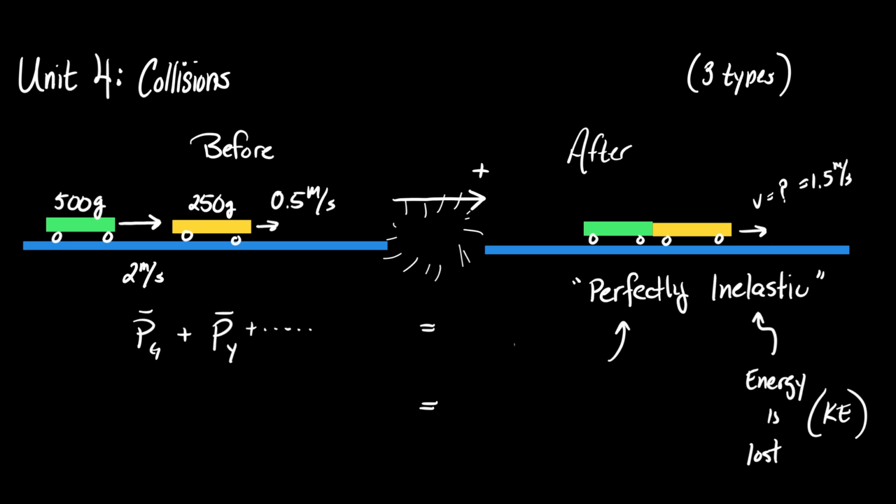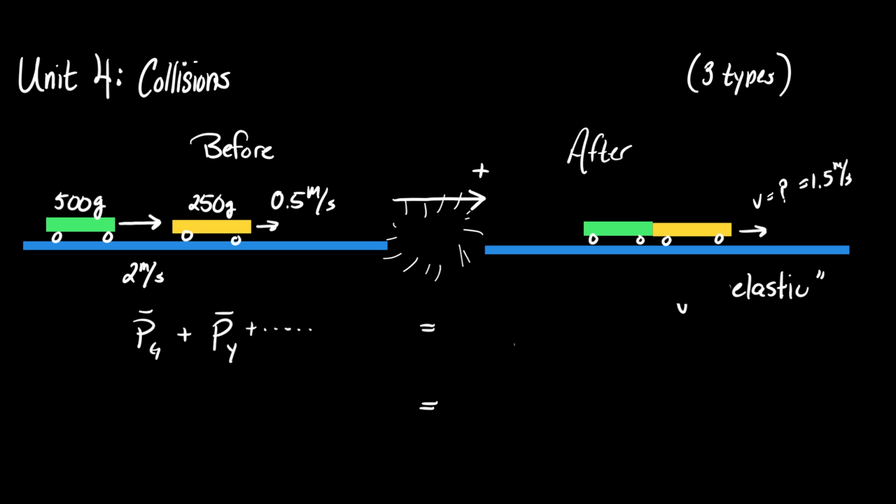Was there a name for the first one where they didn't? It was just an inelastic collision in that there was nothing special about it. You had two objects that interacted, a certain amount of energy was lost. Now, as you can probably imagine, there is the possibility of an elastic collision, which is funny because we don't call them perfectly elastic, even though there's something somewhat perfect about them.